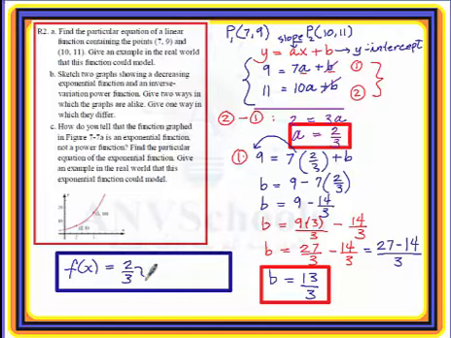So 2/3 x plus 13 over 3. So our y-intercept is 13 over 3, meaning that this line has a y-intercept, or the graph crosses the y-axis, at the value y equal to 13 over 3. Okay?